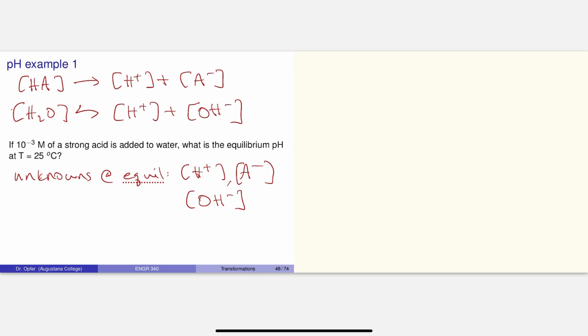So let's get to it with the scientist way. Nothing against scientists, of course. We have 3 unknowns, so we need 3 equations. Okay, let's get started.